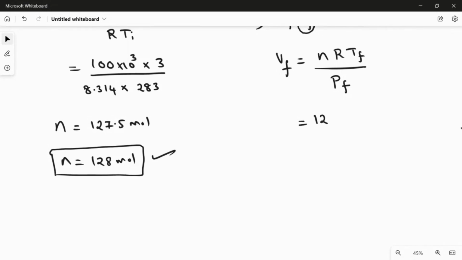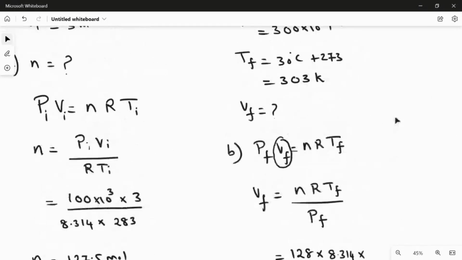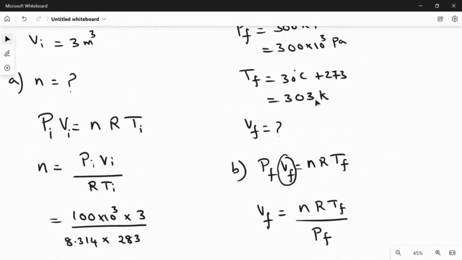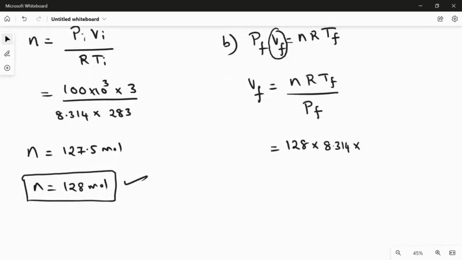So I'm going to use this value 128 multiplied by the gas constant, which takes the value of 8.314, multiplied by the final temperature, which is 303 Kelvin, 30 degrees Celsius. We have to convert that Celsius to Kelvin, so the temperature is 303 Kelvin.